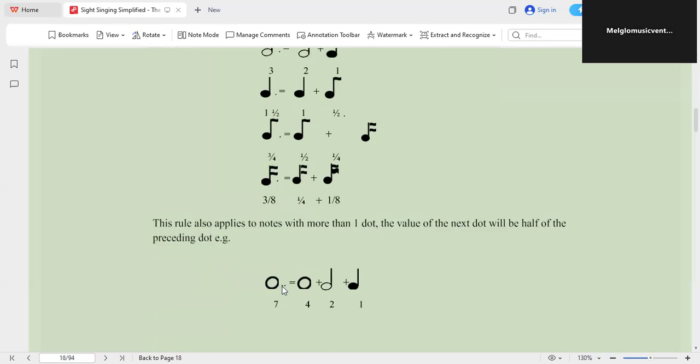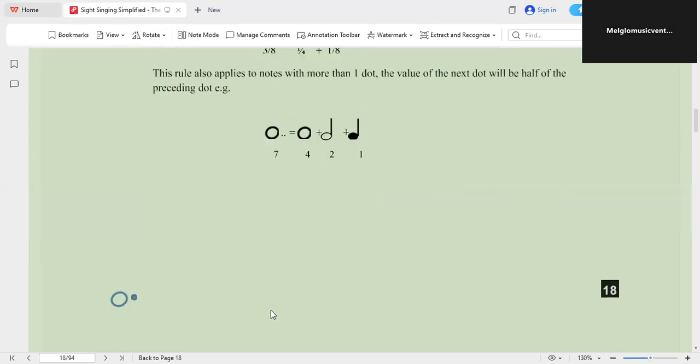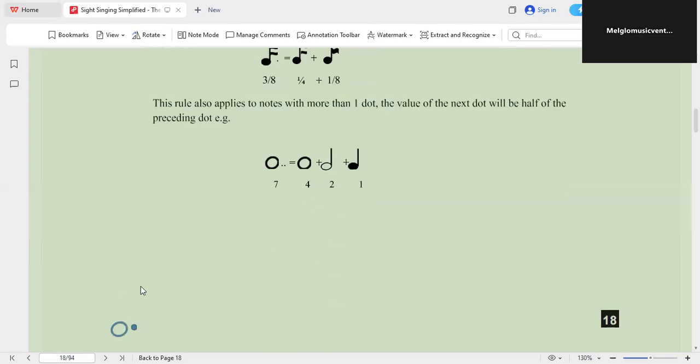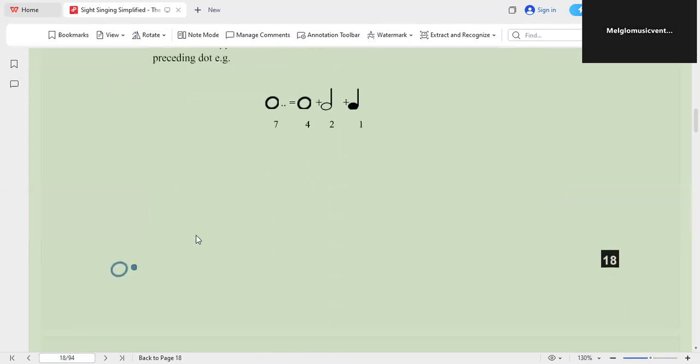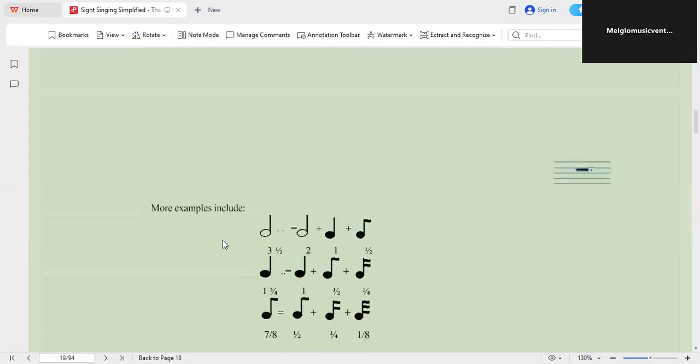It means this dot is half of the semi-brief, which is a minim, and then the next dot is half of this dot, so the second dot is a crotchet, which is half of a minim. So double dotted semi-brief will be 4 plus 2 plus 1, which is 7, unlike dotted semi-brief, which is 6. See more examples.